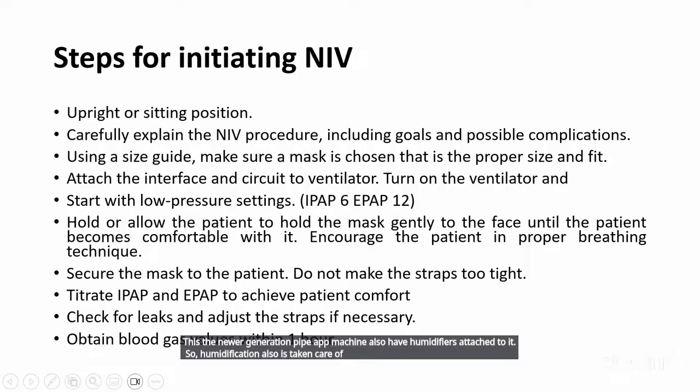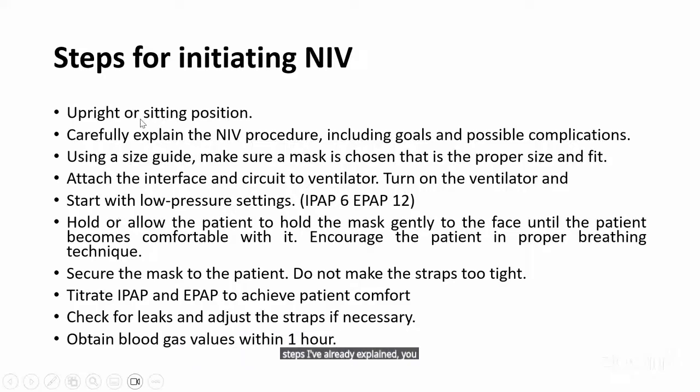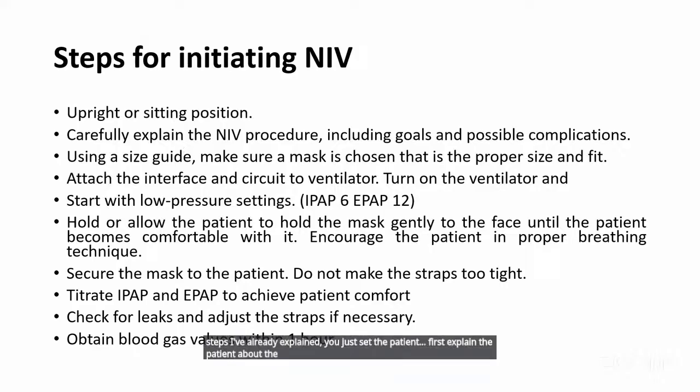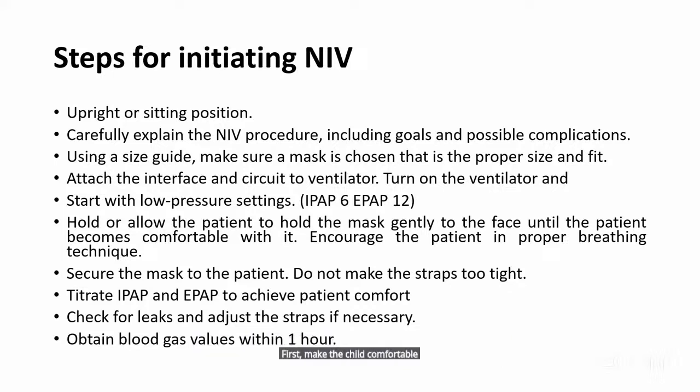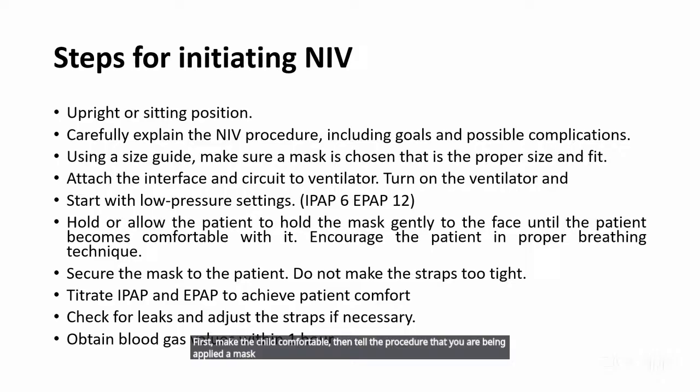Steps I've already explained. First explain to the patient about the utilization of this mask, because if you do not explain the procedure to the patient, he might not tolerate it. First make the child comfortable, then tell the procedure: a mask is being applied over your face or over your nostrils, a certain amount of pressure will be given through it, and you have to just keep on breathing normally, and slowly the child will become adaptive to that pressure.